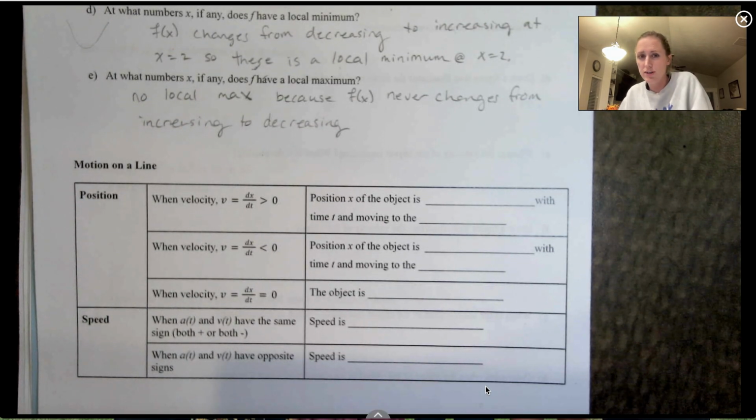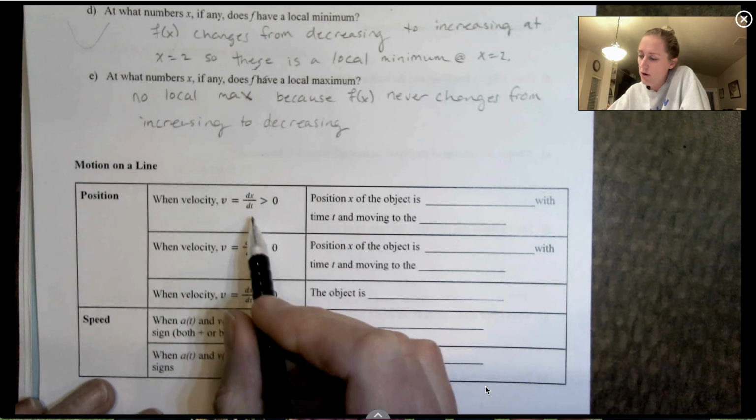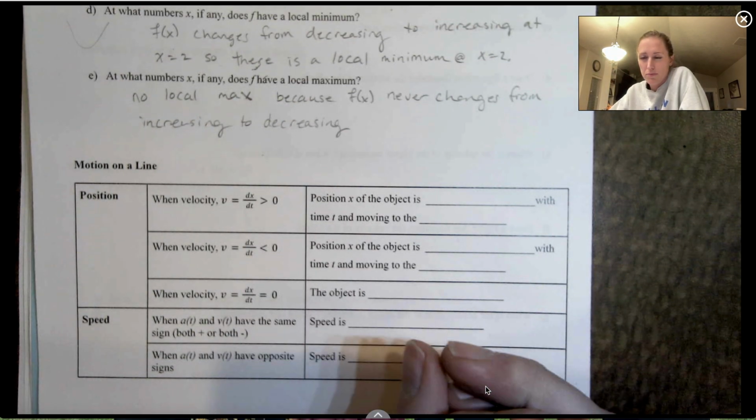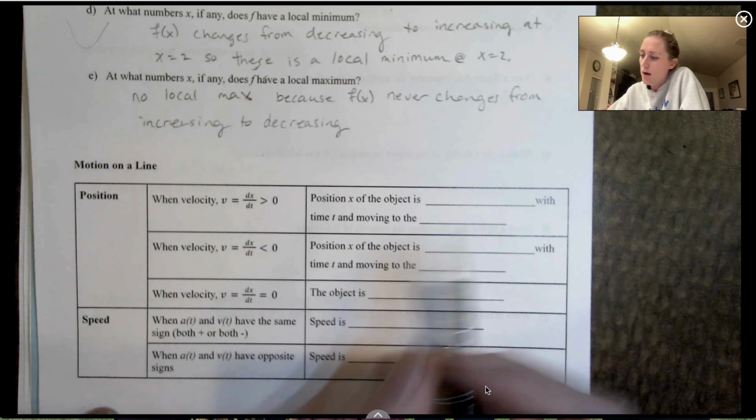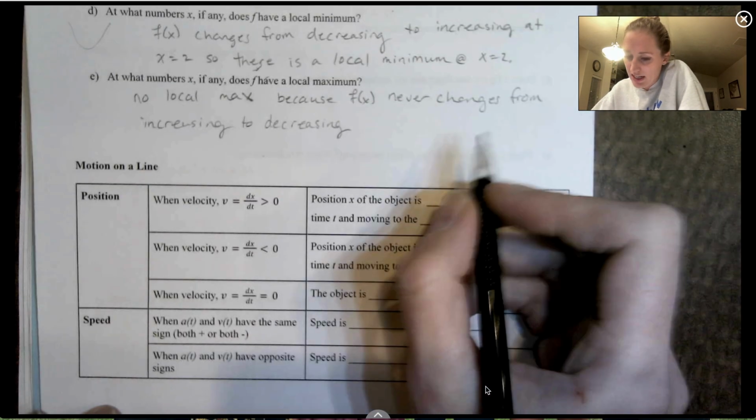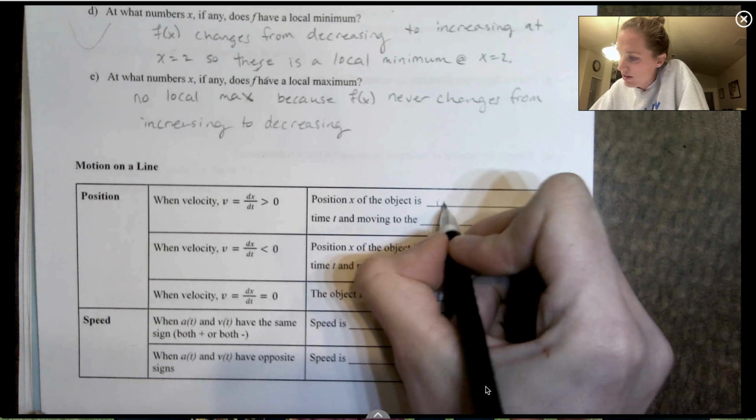All right. This next problem we're going to do is going to deal with motion. You have a few problems like this in your homework. So some of this is review, but when our velocity is greater than 0, we are dealing with some motion along the x-axis here. And so we're going to say that the position is increasing.